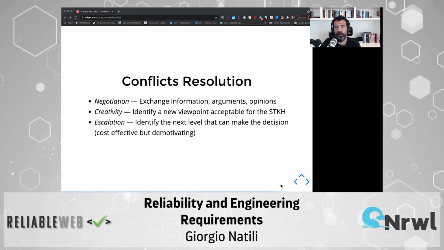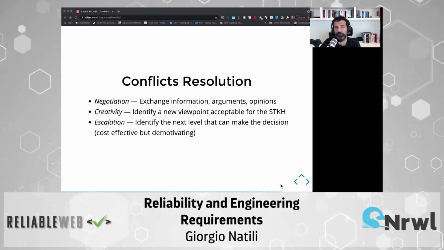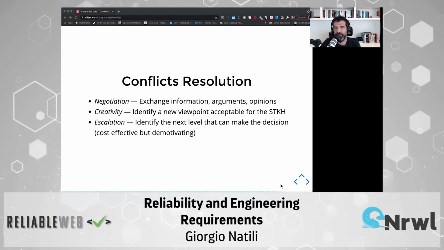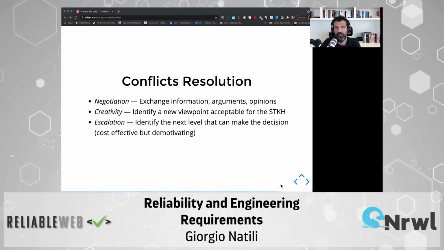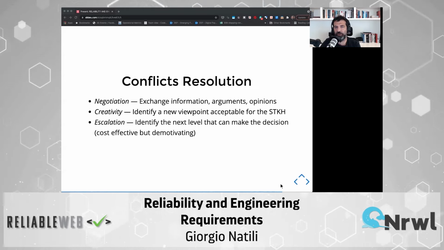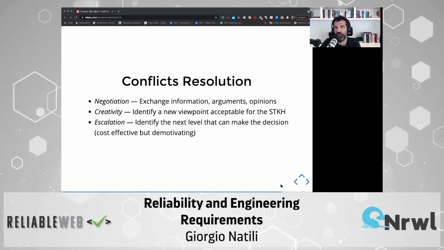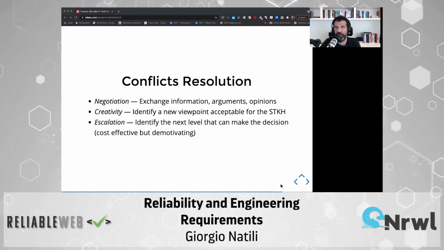You resolve your conflicts through negotiation, creativity, and escalation. Negotiation is leveraging the tools that we discussed, documents, conversations, architectural diagrams, and you exchange this information to be sure that every party involved in the discussion is aware of the meaning of a specific requirement.